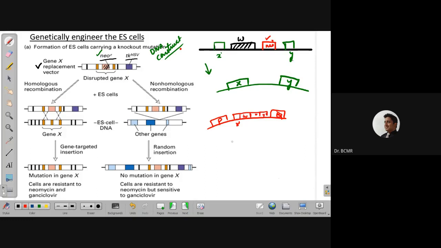These regions I'm just putting here. The condition that we had is we want integration between X and Y, but nowhere else, right? So for that, we have to do something else.